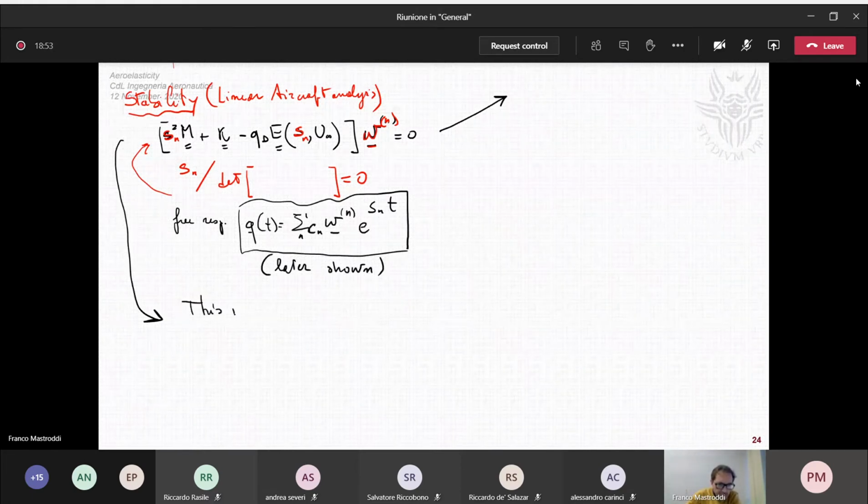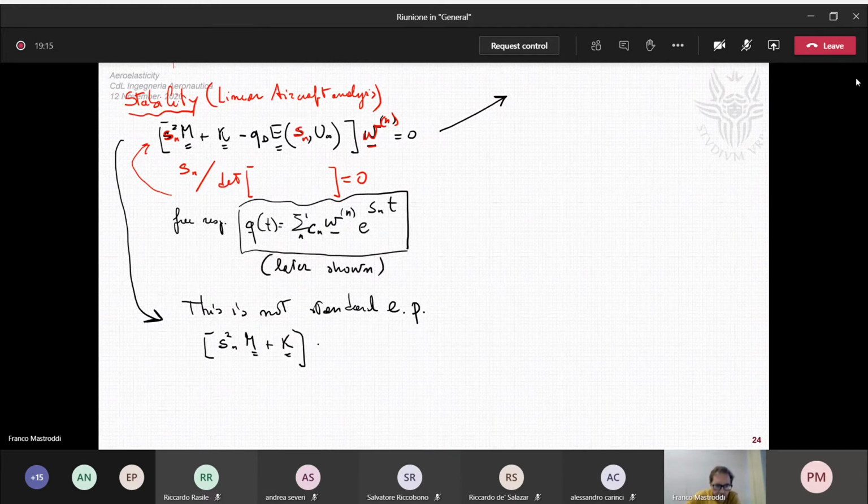In the case where you don't have aerodynamics, only structural dynamics, you are able to solve this system and you will have, for Sn squared, minus omega n squared, and therefore your poles are plus or minus j omega n, where the omega n are the modes of vibration.